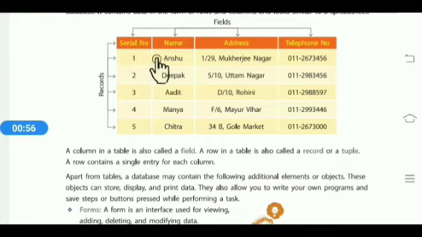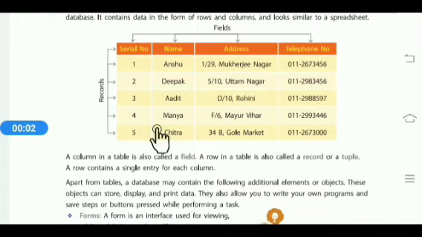Row 1, Anshu, Mukherjee Nagar and contact number is known as a record or a tuple. Meaning, a database is a place where you can store information related to a specific topic in table form. For example, a telephone directory, address book and any other information that we store in the form of rows and columns.